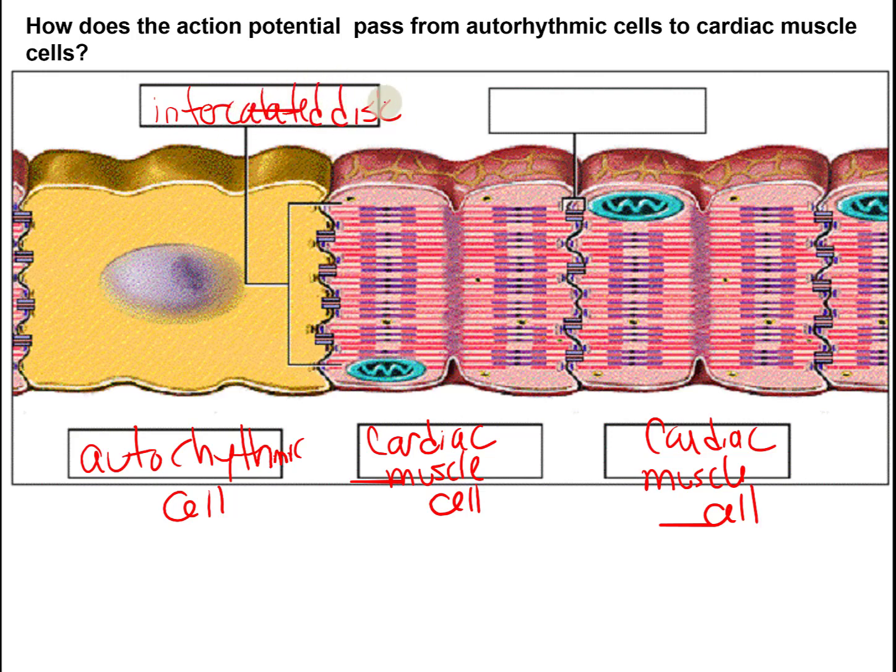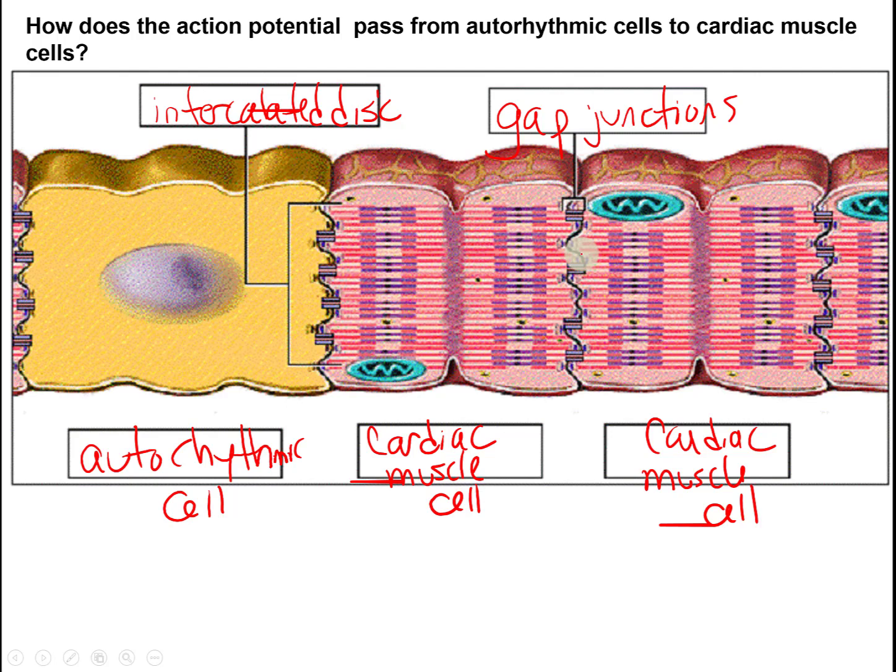Okay, now remember, in this disc you've got connexons, desmosomes, the fibrous skeleton of the heart, but here they're trying to focus you on these tubes, which are the gap junctions containing the connexons. So autorhythmic cells are connected to cardiac muscle cells by gap junctions, and cardiac muscle cells are attached to the next cardiac muscle cells by gap junctions.